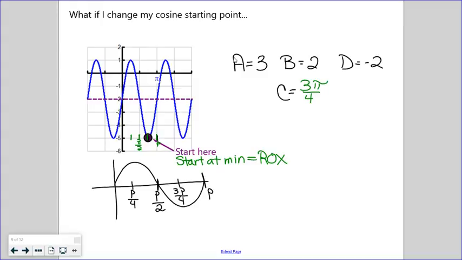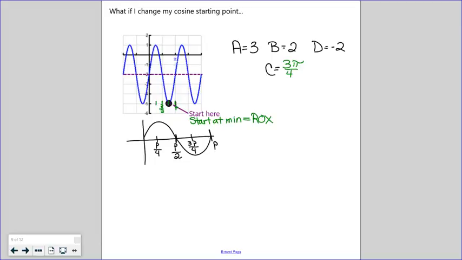So writing my equation, I need to remember to put in the reflection to say start at the minimum: amplitude of 3, cosine. I do have a B and a C value, so we put double parentheses, 2 parentheses, x minus, to say we moved right, 3 pi over 4, minus 2.